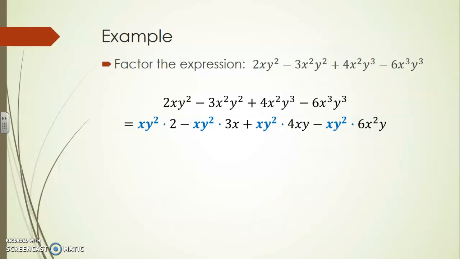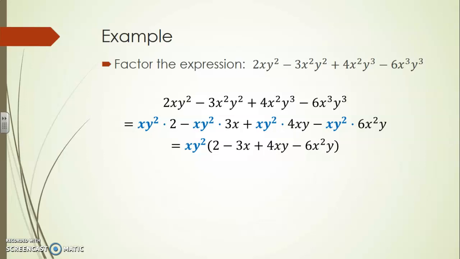Before moving on to grouping, despite the fact there are 4 terms, you always want to consider simple factoring as your first option. In this example, 8xy to the power 2, or xy squared, is common to every term appearing in this expression containing 4 terms. And therefore we can start with simple factoring.